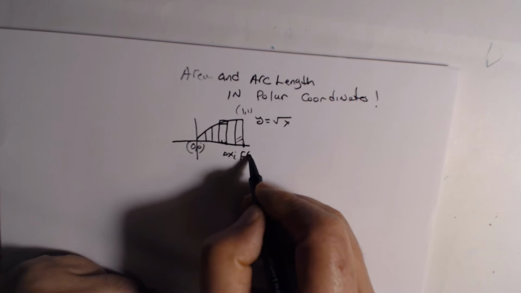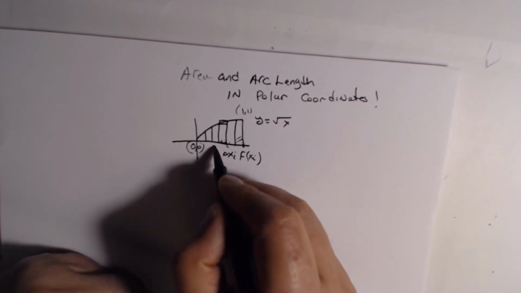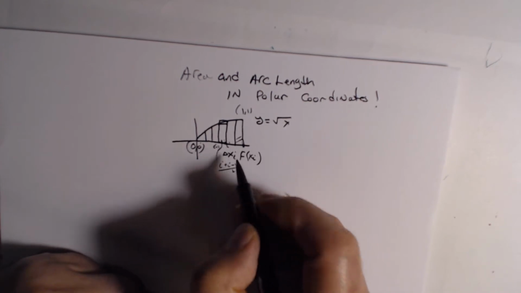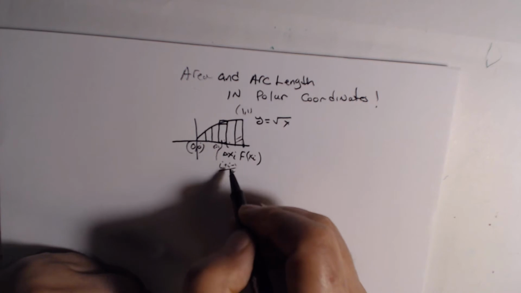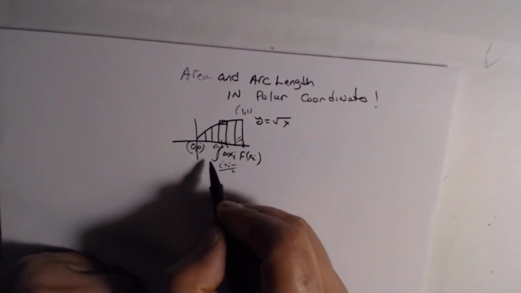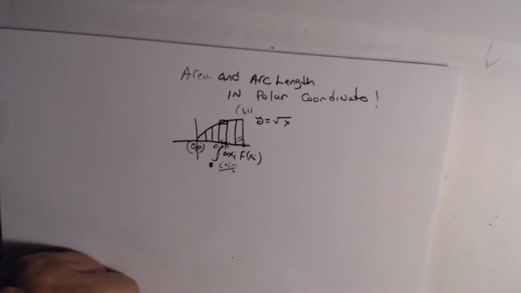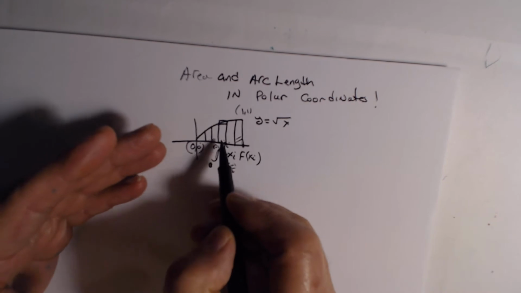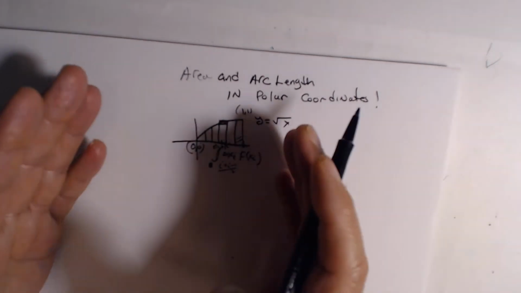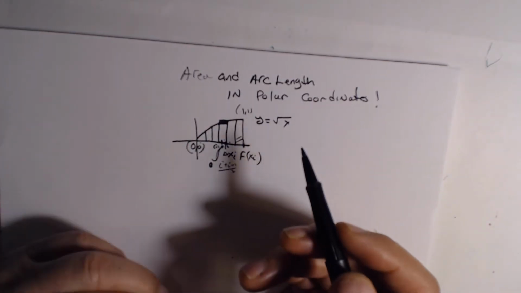The height is either at i, or i minus 1, or the midpoint, right corner, left corner, or midpoint. We summed up the area from the lower limit of x to the upper limit, and as delta x approaches 0, these distances get close to 0 and it becomes a full curve.